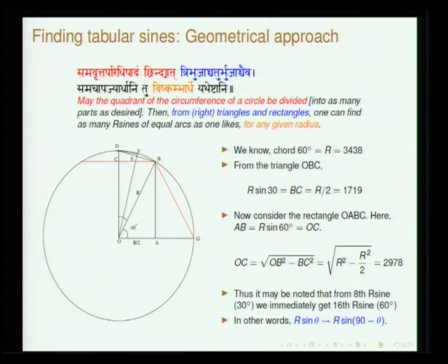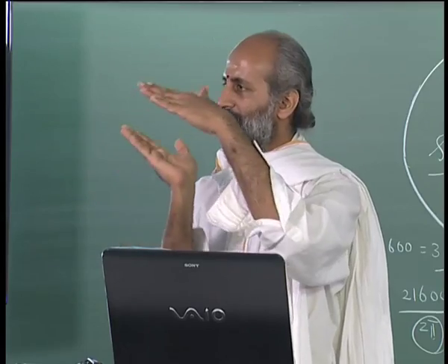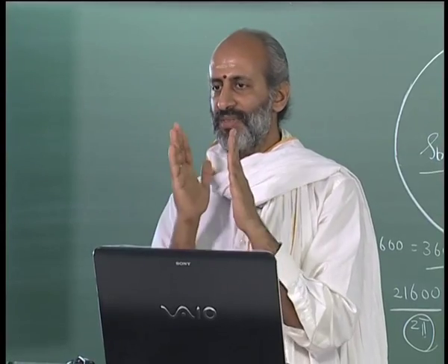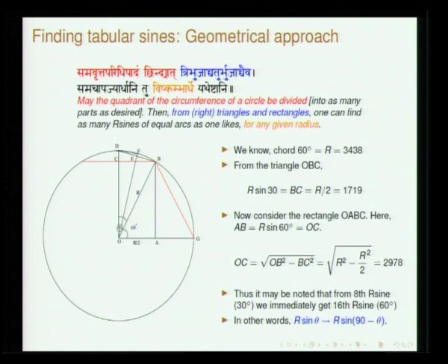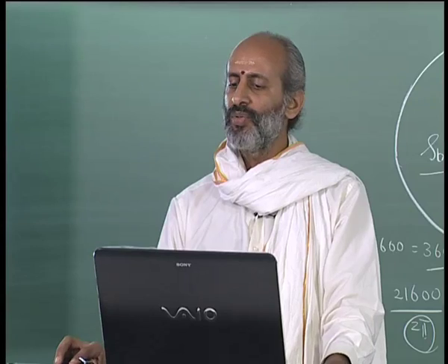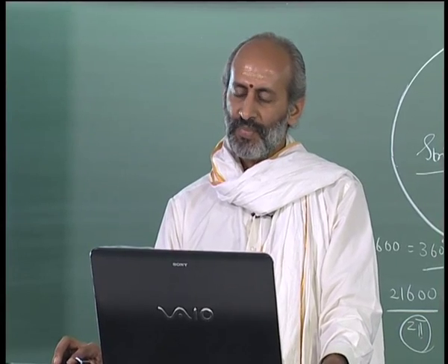Sin 30 degrees is basically the 8th sine. If you conceive it to be 24 parts, then 30 degrees is going to be the 8th sine. Since you know the radius, you also know sin 30, which is r by 2. So BC is r by 2 and therefore this is also known.